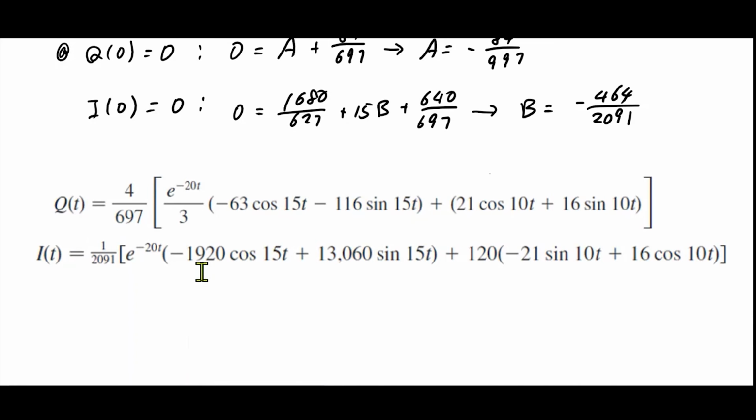And let's take a look at this current. That 63 and 116 is pretty big compared to 21 and 16. And the initial current is like the spike that you will see on that old TV. Here's an exponential decaying function.